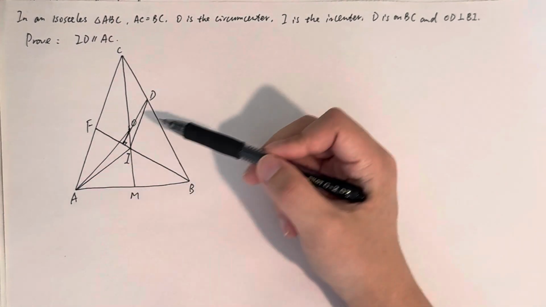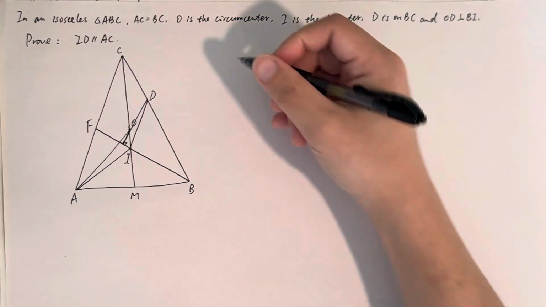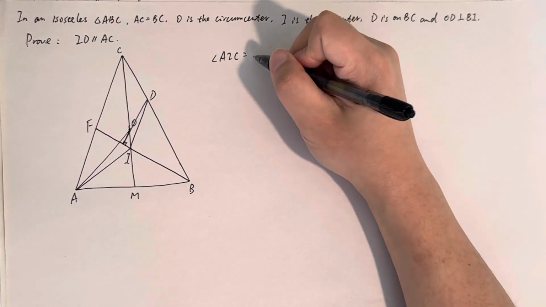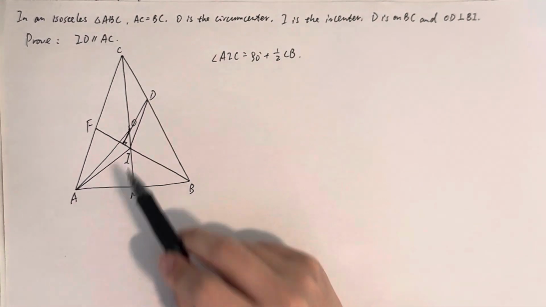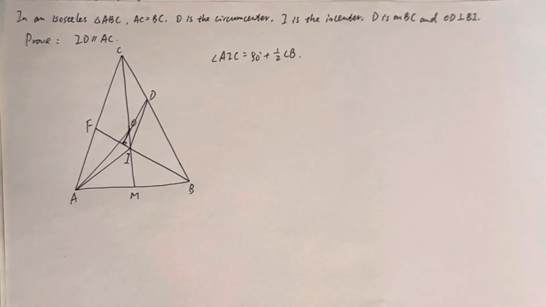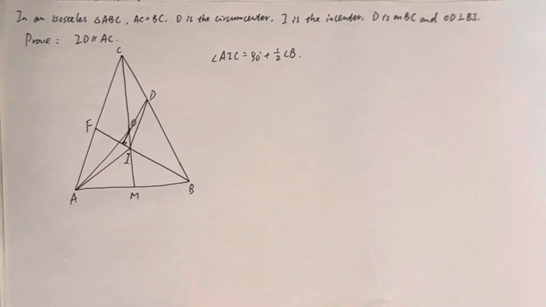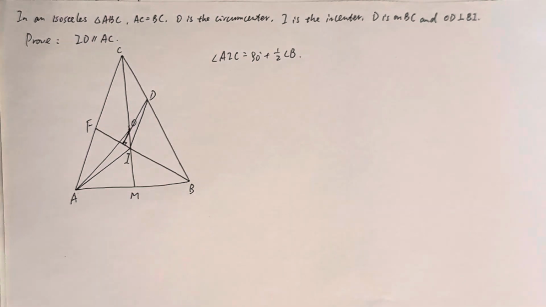Think about it, because I is the incenter, right? So think about the angle AIC. It equals 90 degrees plus half of angle B, right? Because I is the incenter. That's a property of the incenter. So we know the angle AIC. And what about the angle AIF?